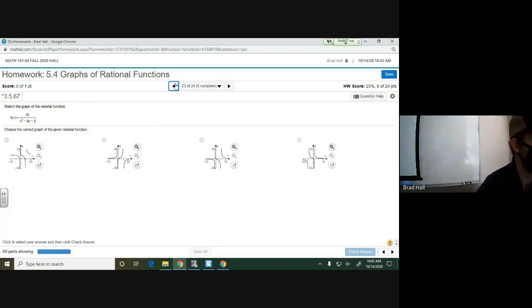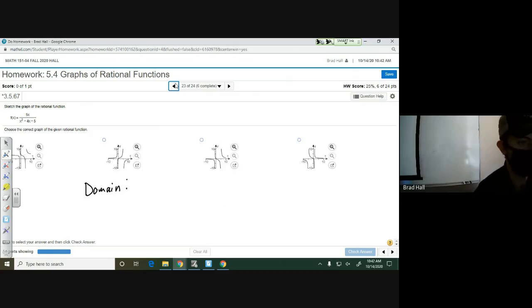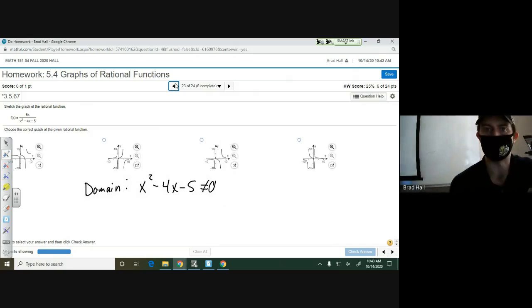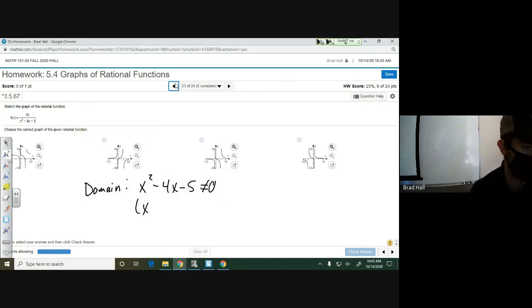If anything, we can go through and try to figure out the domain, which means setting the denominator not equal to 0. But this is a quadratic, which means we need to go ahead and factor it real fast. So then we get that x cannot equal -1 and +5.